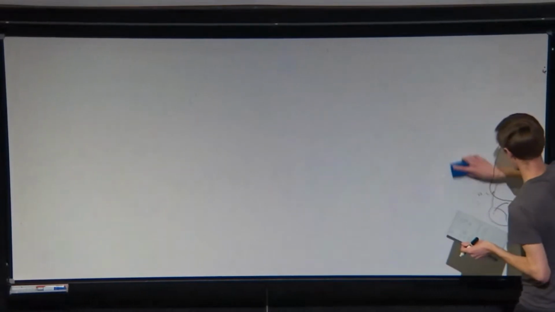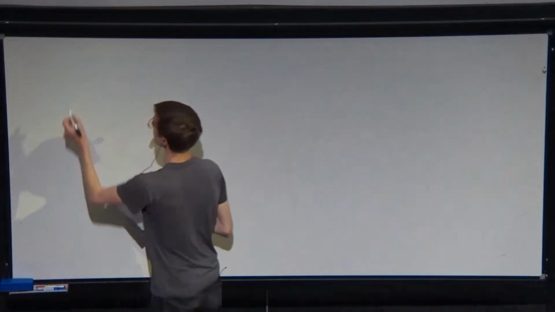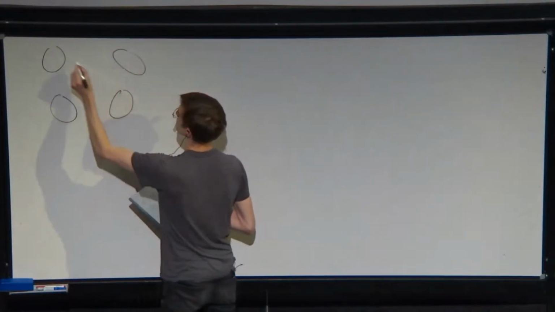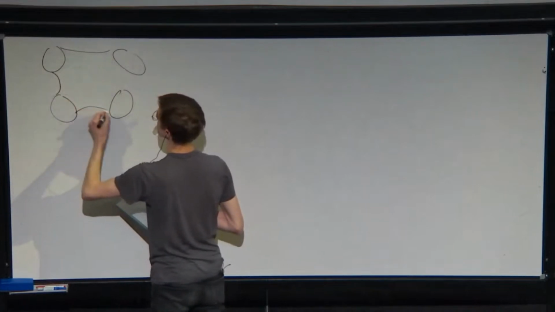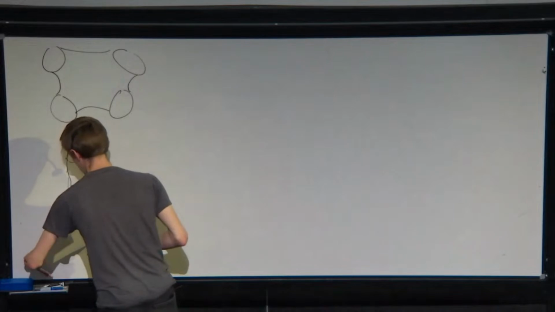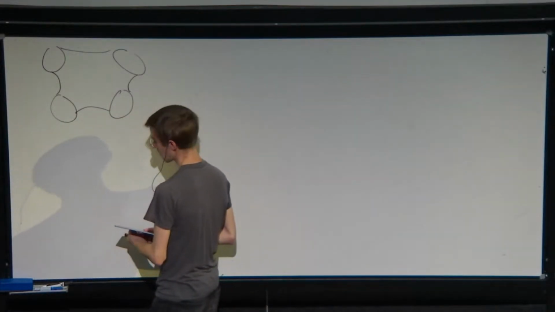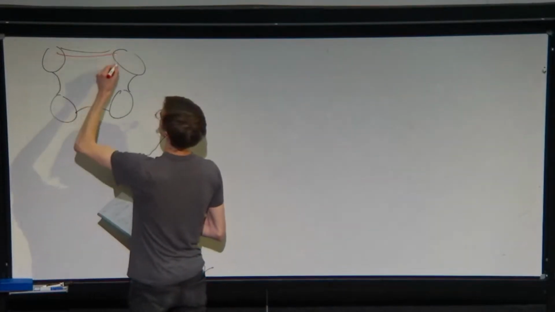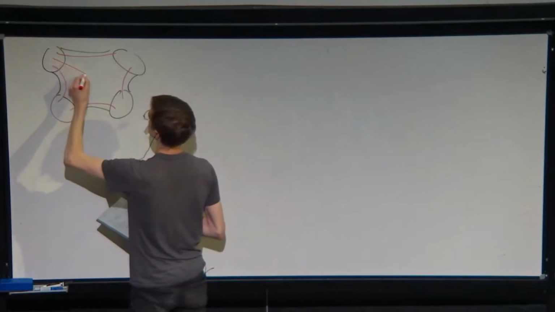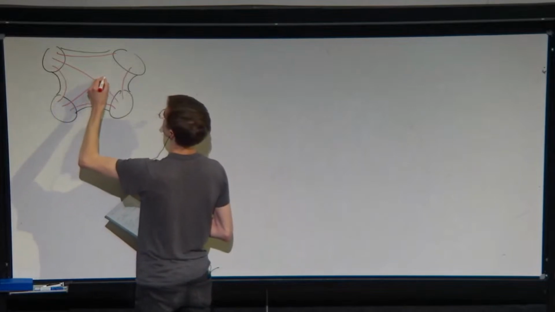So for example, sort of the simplest generalization of this you could imagine is this configuration with 4 asymptotic boundaries. These are all 2-spheres. And you imagine the defects connecting them in this way, so that it corresponds to some connected contribution to the 4th moment.